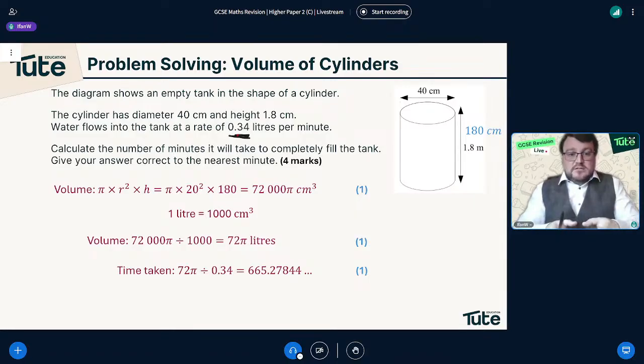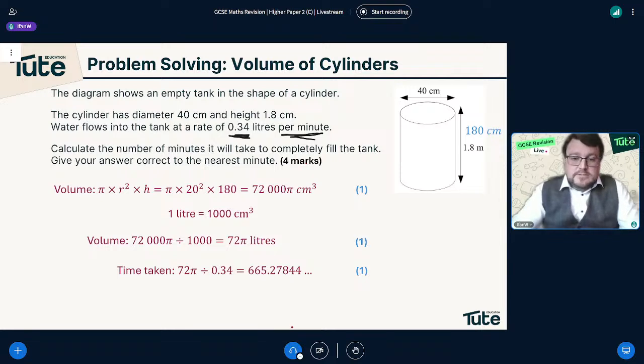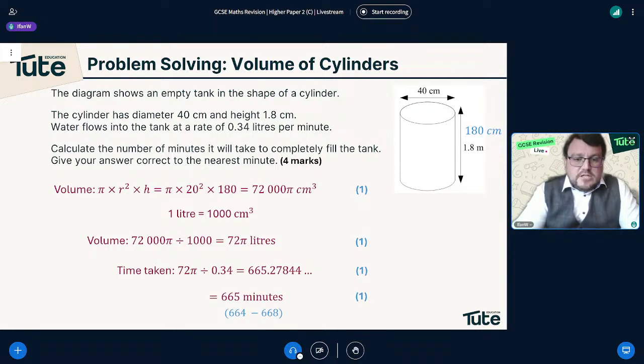So every minute you're filling in that much, okay? That gives us 665.27844 minutes, okay? Because we're dealing in per minute, it has to be. Round that to the nearest minute, which is 665 minutes.